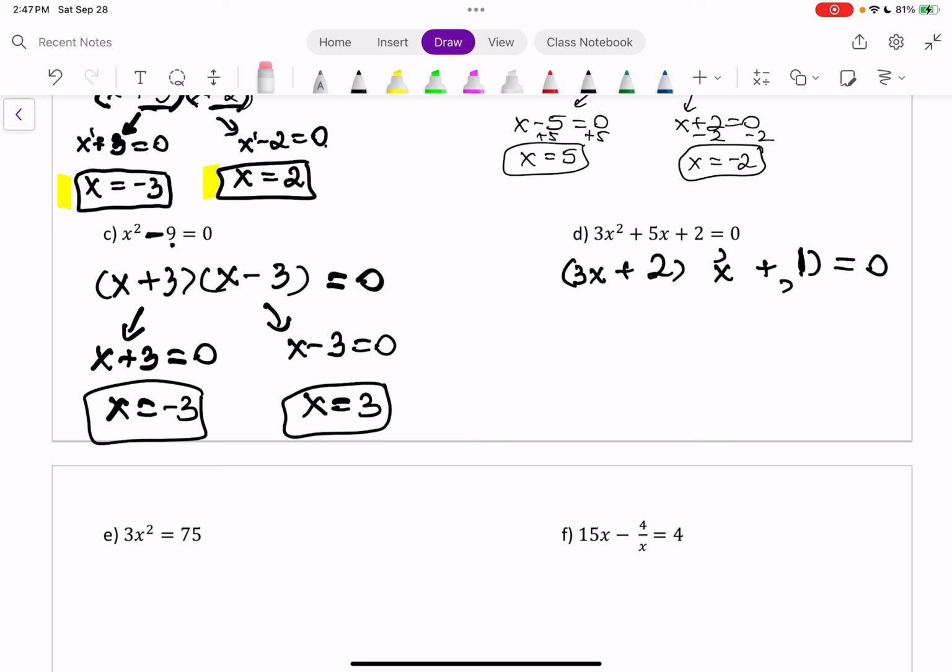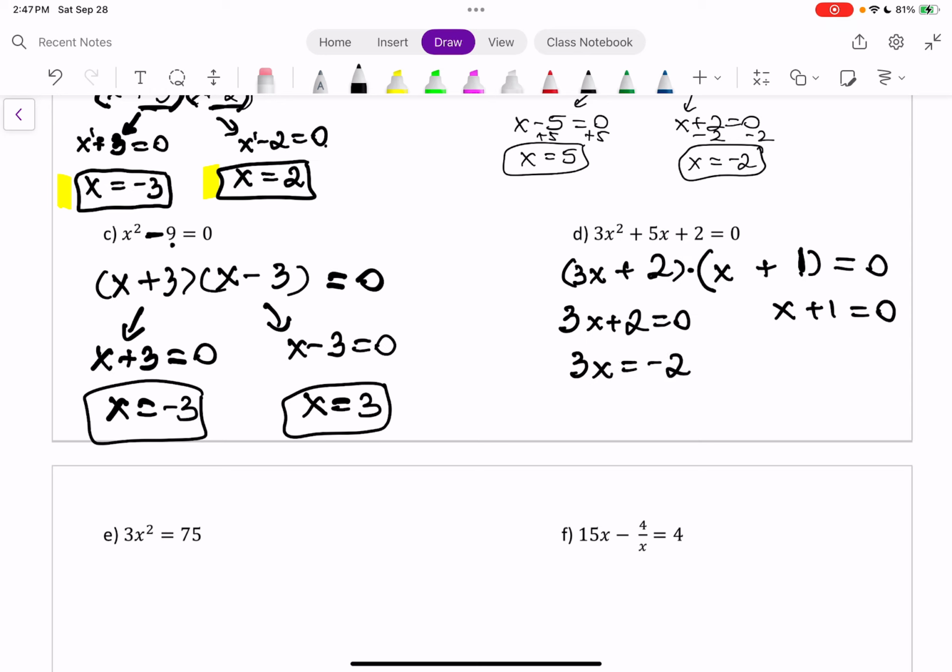All right, so because we factored correctly, we can go on and finish this problem. Okay, what do I mean by finish this problem? Use the zero product rule to say that my options are for either one of these factors to equal 0.